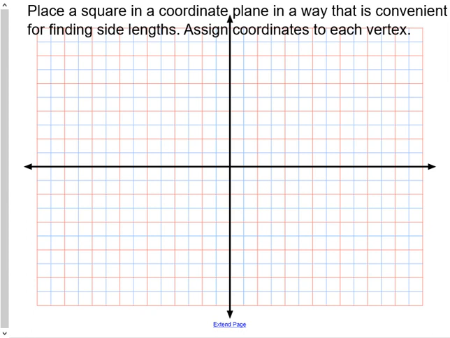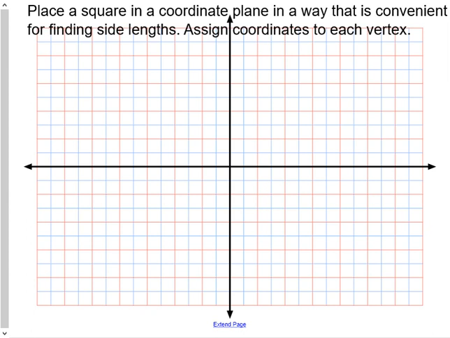And another important skill in this is placing points in a way that's going to make any type of proof we do a little bit easier. So starting off, place a square in a coordinate plane in a way that is convenient for finding side length. Right?